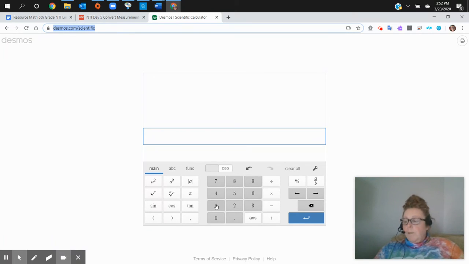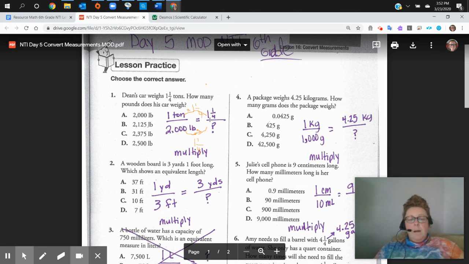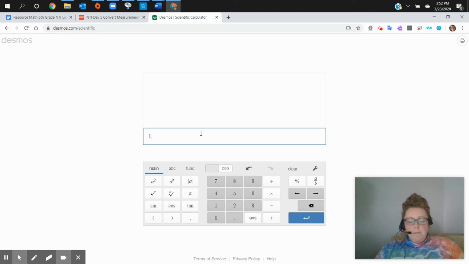If you do not have a Chromebook and you're working from a cell phone or something, I'm going to show you how to convert that. 1 1/4 is equal to 1.25, because a fourth equals .25. So if you don't have a calculator, go ahead and just type in 1.25, and then I'm going to use the times button on the calculator.